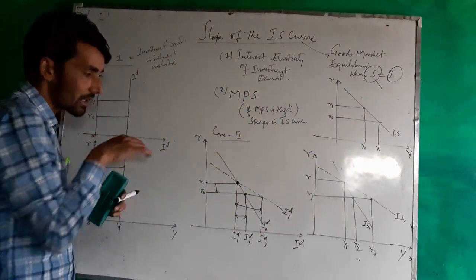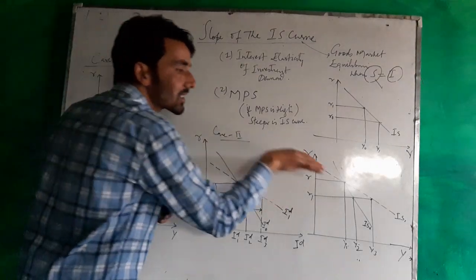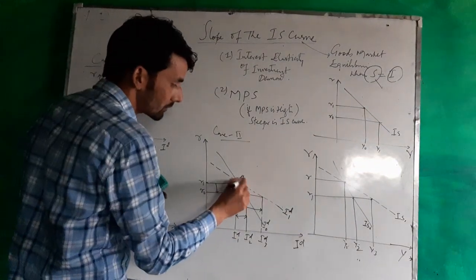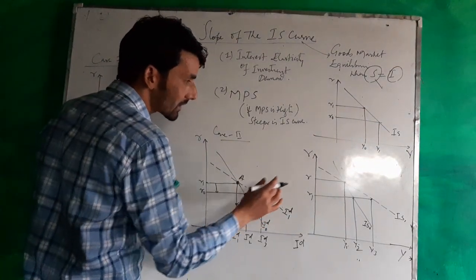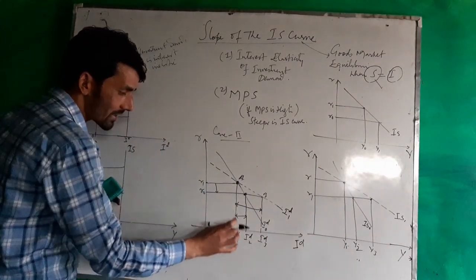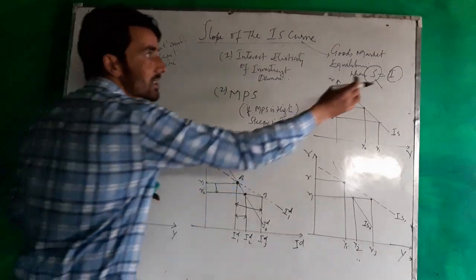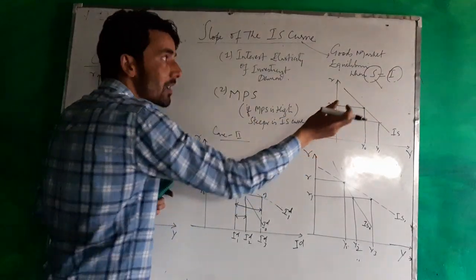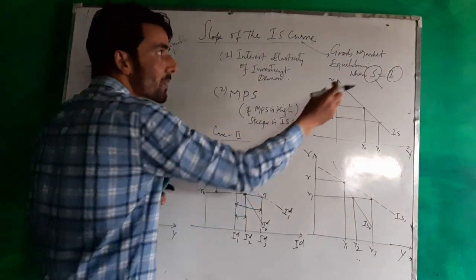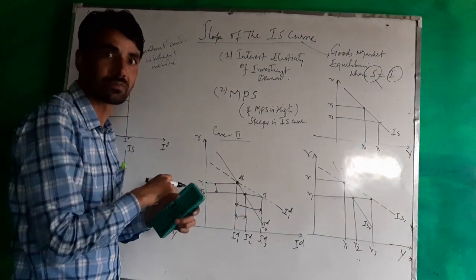If the investment demand curve is relatively flat, then the IS curve will also be flat. The logic is that if there is a small change in investment demand due to a change in the rate of interest, this side will change by a small amount. So in order to maintain balance, saving must change. How much saving will change depends on how much we have to adjust income.